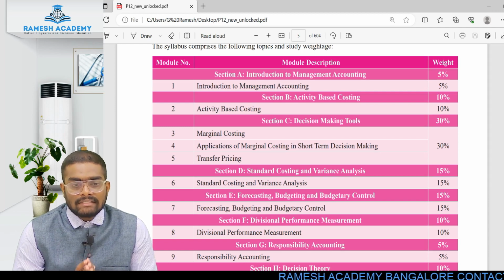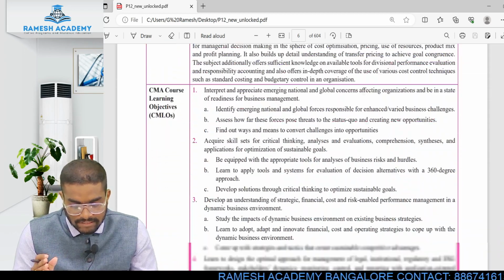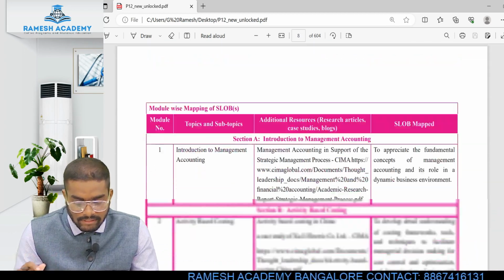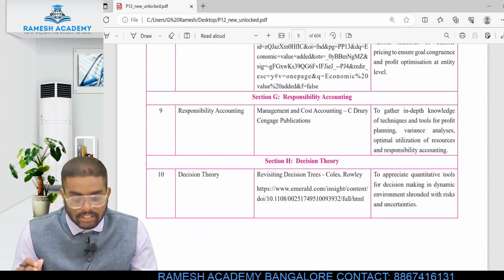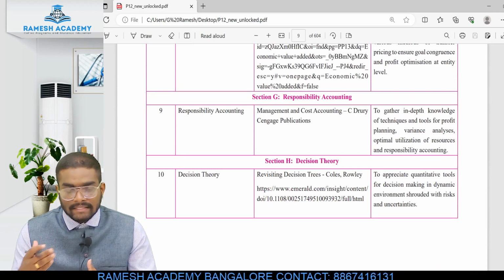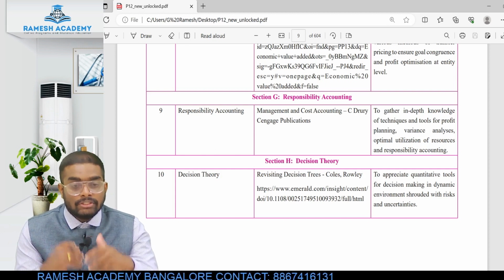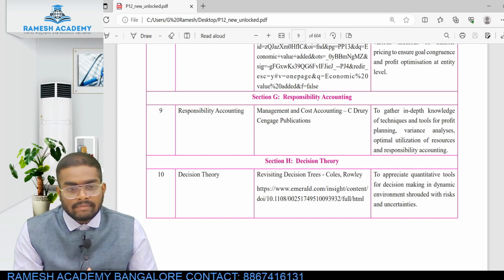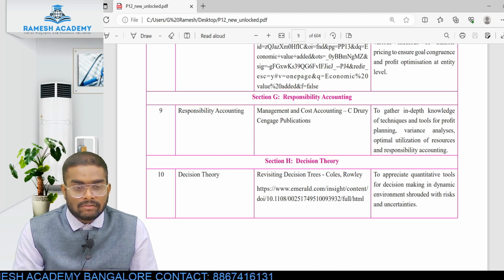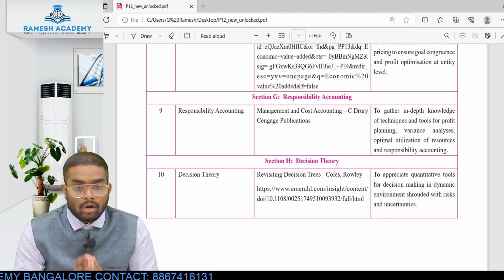So let's get started with chapter number 1, the introduction to management accounting. What is management accounting? What is the relationship between management accounting, financial accounting and cost accounting? The evolution of management accounting, the users of management accounting, the scope of management accounting, the role of management accounting in a modern business unit and all those things.